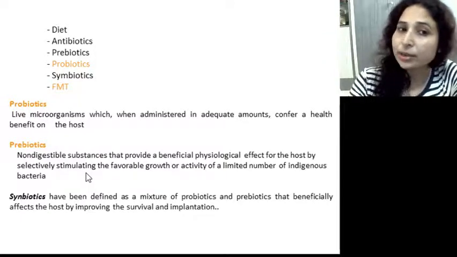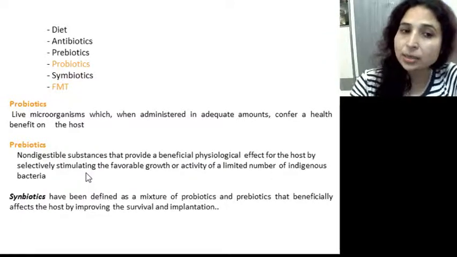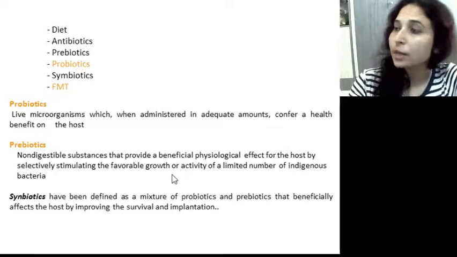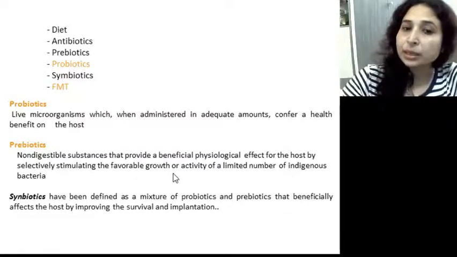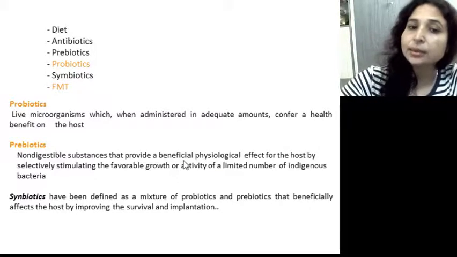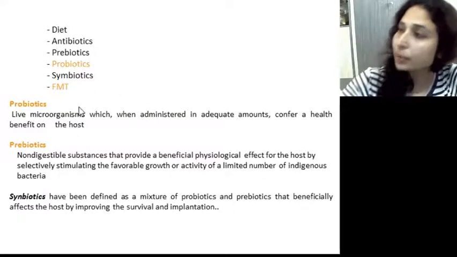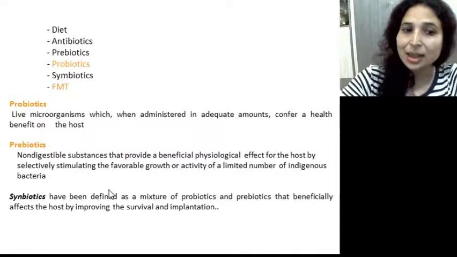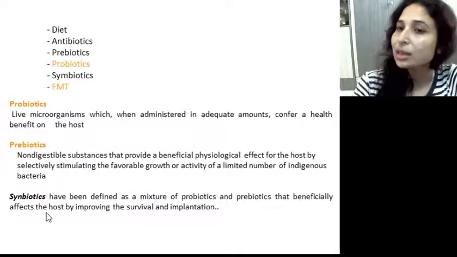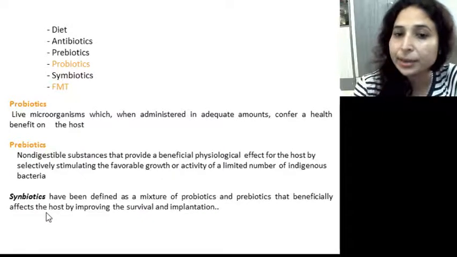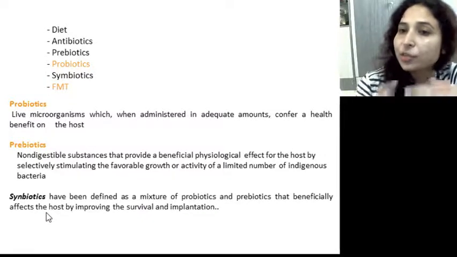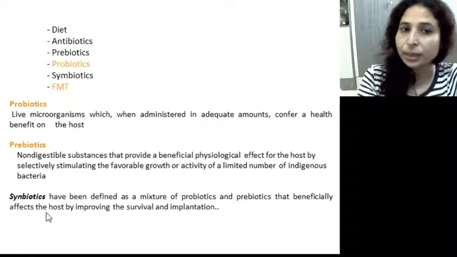Prebiotics are the non-digestible substances that are present in the gut, probiotics are the living microorganisms, and symbiotics are a combination of pro- and prebiotics that can be beneficial for the patient.